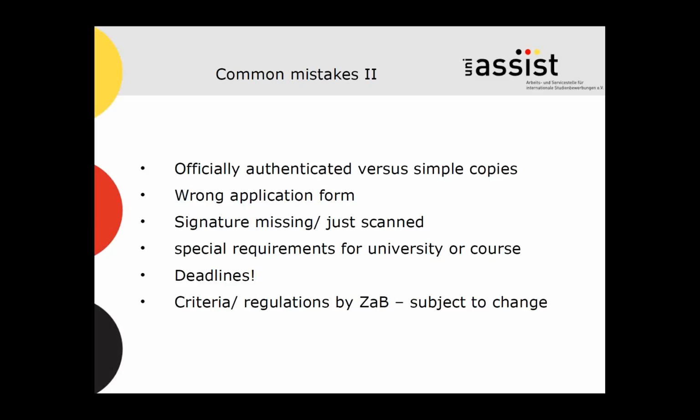You also have to pay attention to the application form that you use. Some universities have their own application form, so please check directly at the universities. Please don't forget to sign your application form. It is also not enough just to copy your signature or just to scan it.